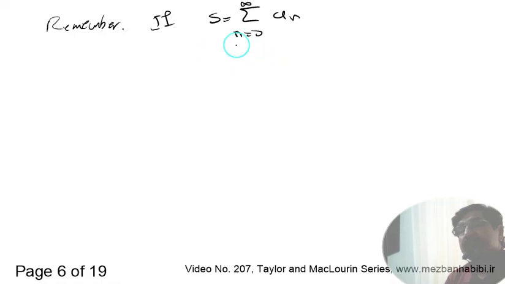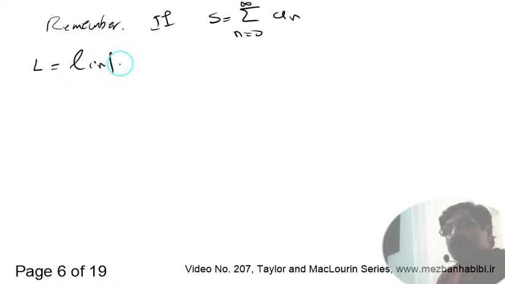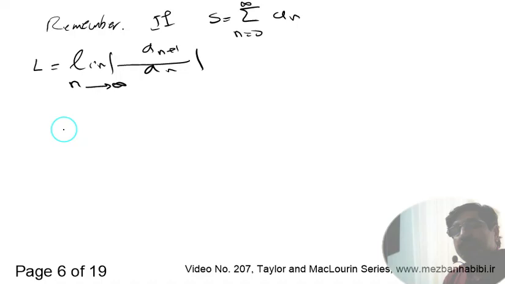If S is the sum of an from n equals 0 to infinity, a series, the ratio test is the famous test for a series to converge. Let us define L equals the limit of the absolute value of an plus 1 over an, as n goes to infinity.